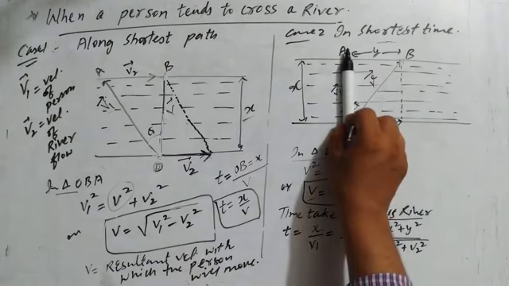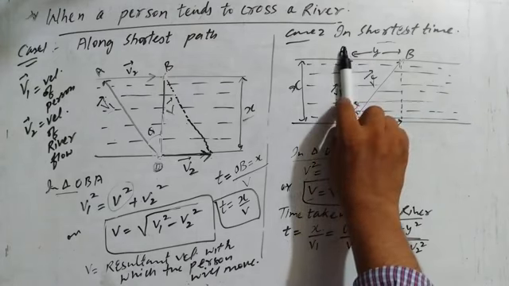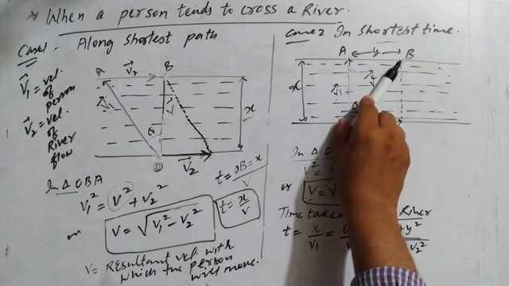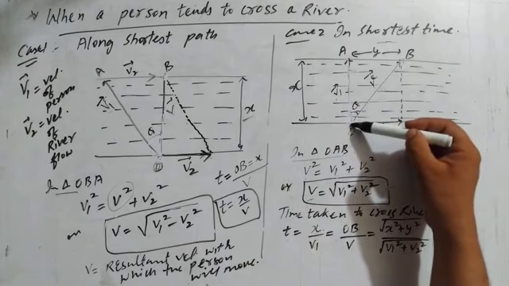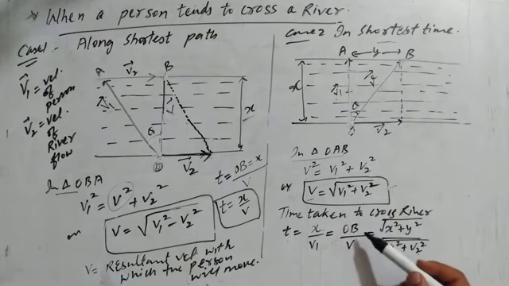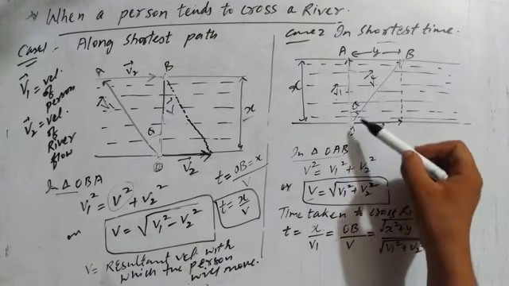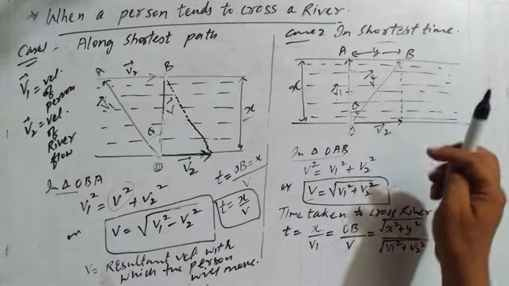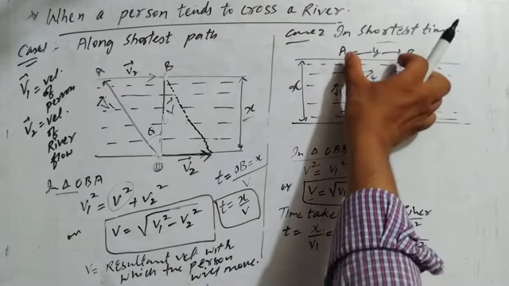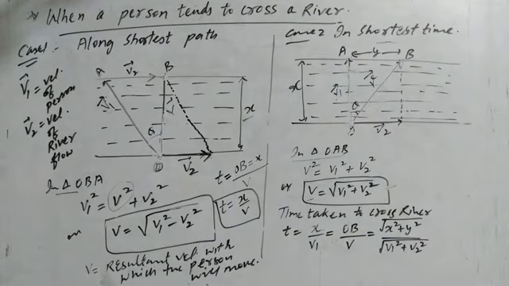But the person goes from O point to A point but reaches point B. So the distance covered will be O to B with the resultant velocity v. So time will be equivalent to OB upon v. But the value of OB is equivalent to under the root x square plus y square, upon the value of v, that is under the root v1 square plus v2 square.